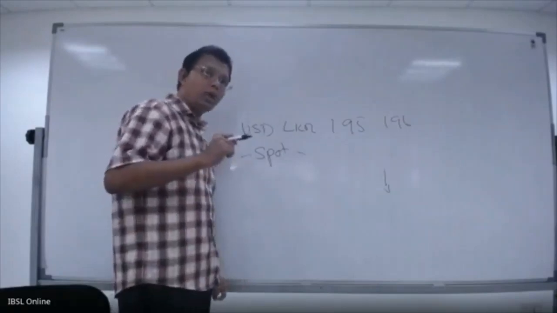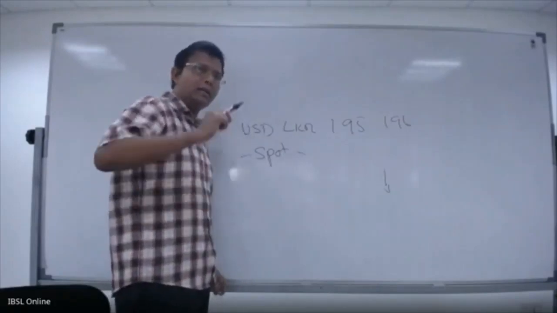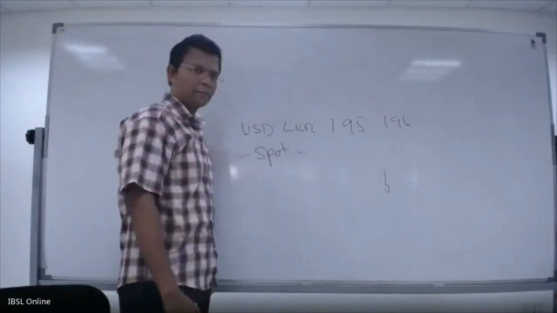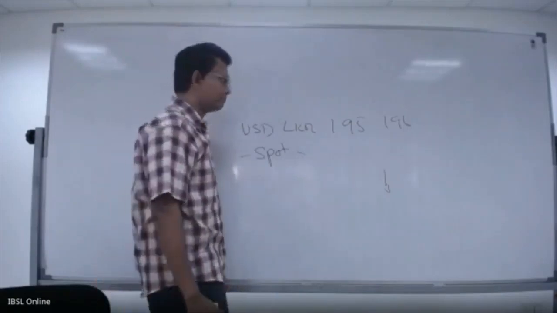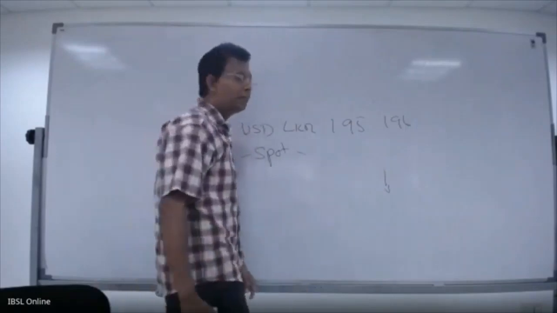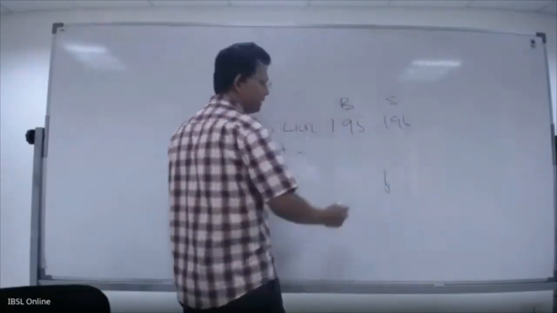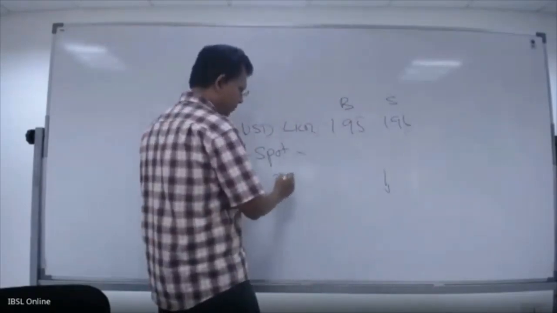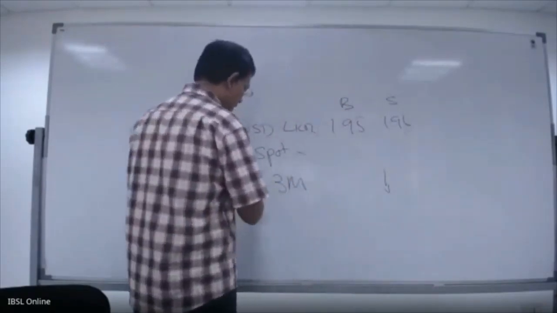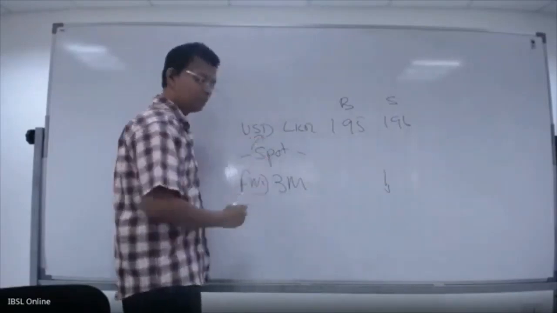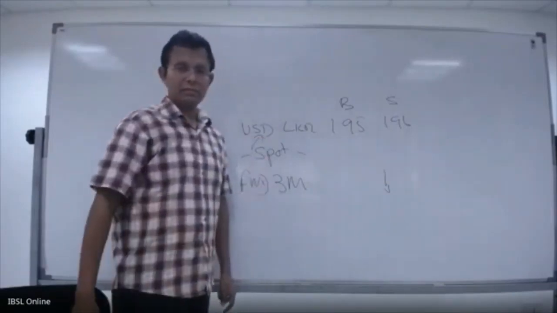So you decide the 3-months-ahead rate. The bank gives you the bid and sell rates. After 3 months, this is the forward rate. This is spot, if the examiner does not specifically tell you.